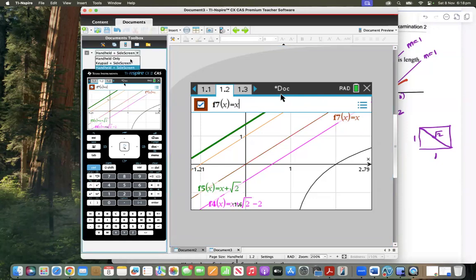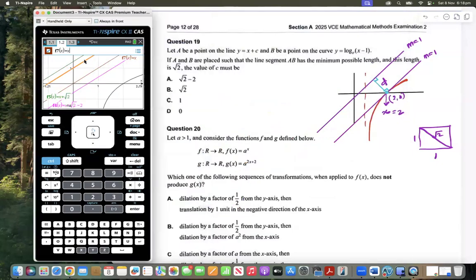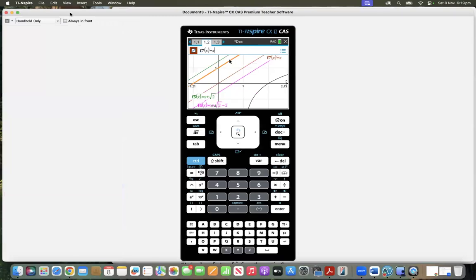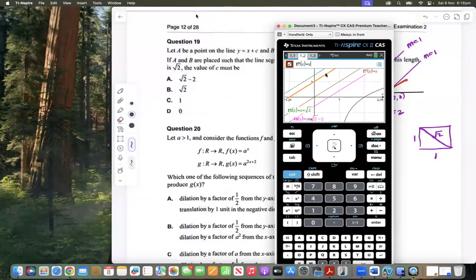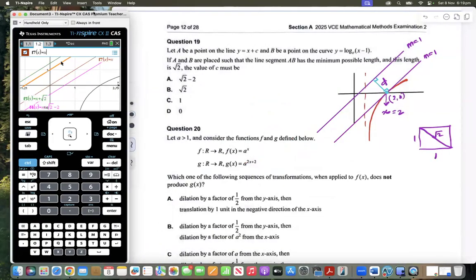So if I go into the answer now, there's something that's happened to my calculator. Let me minimize it. Okay. So my answer should be the y equals x graph, right? So y is equal to x graph. x plus c is 0. So the new answer is 0. Good.